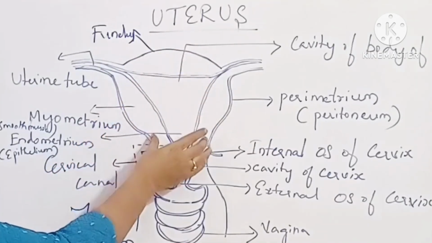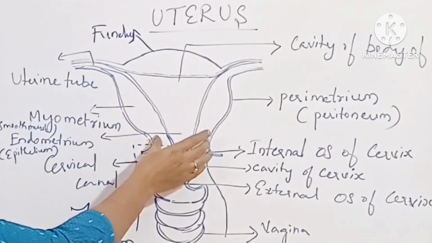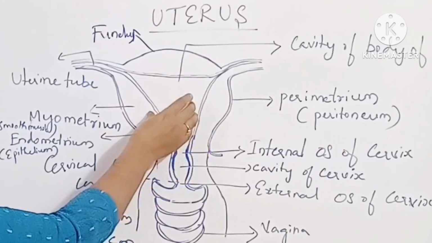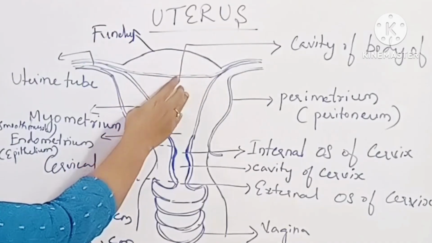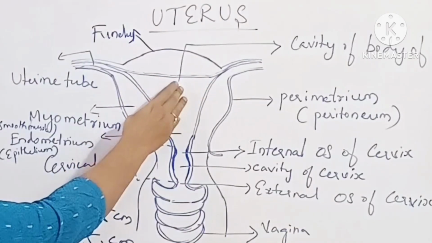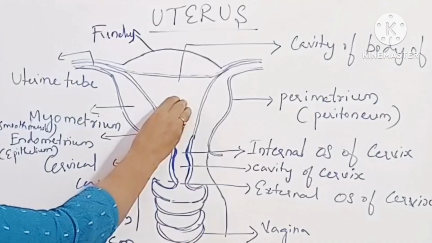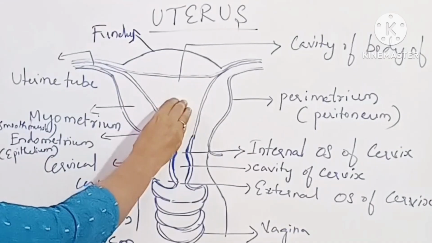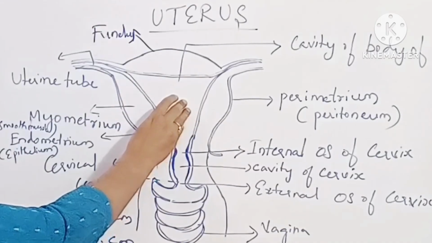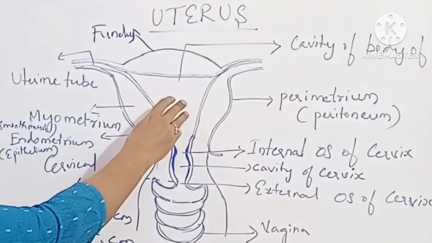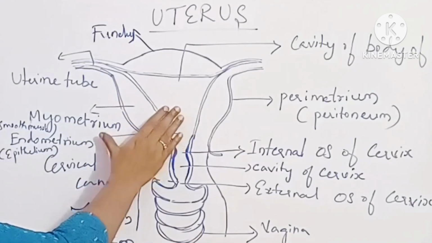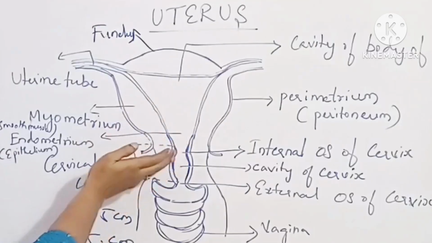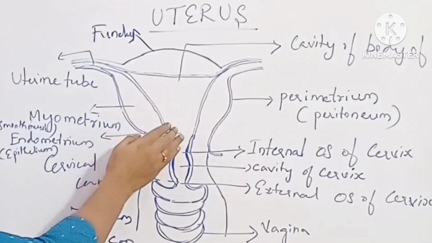Normally the uterus is in the pelvic cavity. At the end of the pregnancy, the uterus goes into the abdominal cavity because the fetus has grown. When term has been reached, term is nothing but 9 months plus 7 days. That period is called the term period.